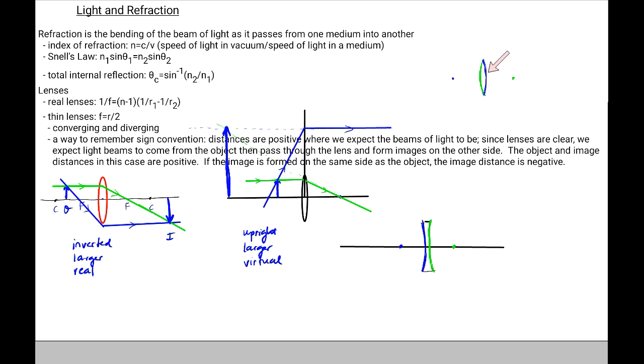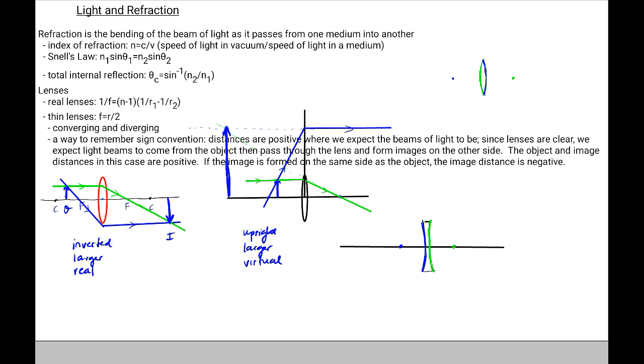The second curved surface has a focal point on the first side of the lens, on the left side of the lens, whereas with a diverging lens, we have the focal point of the first surface on the same side of the lens and the focal point of the second surface on its side of the lens. So that's going to change our drawings.